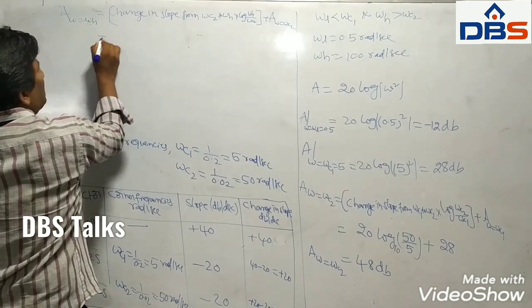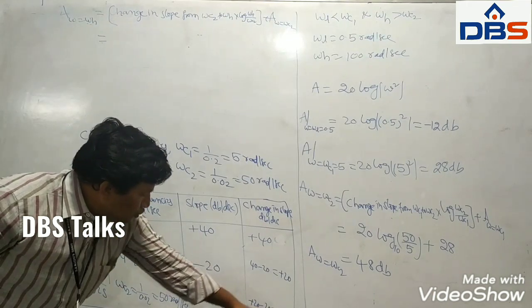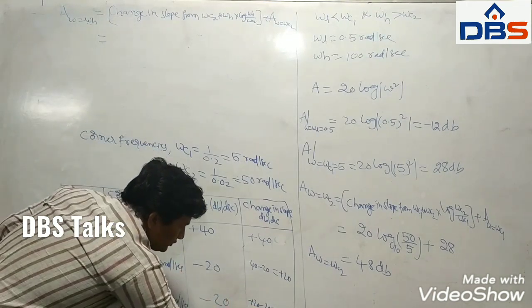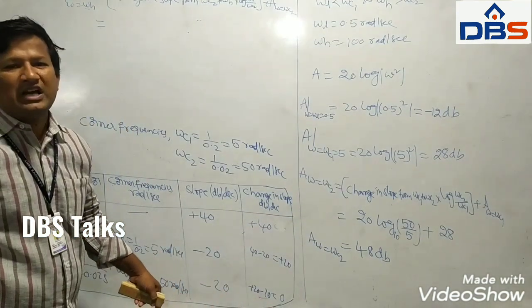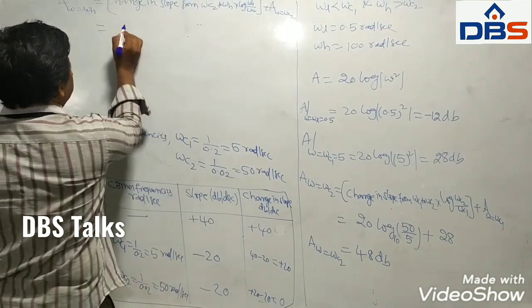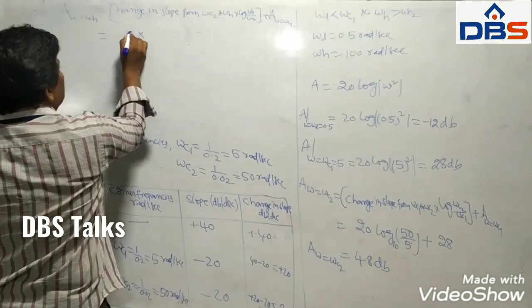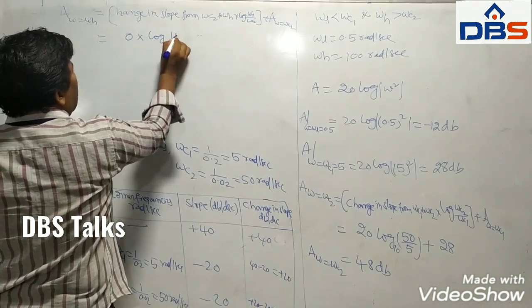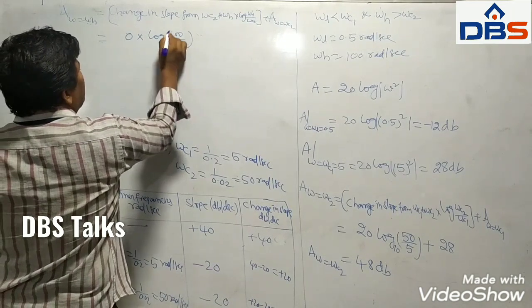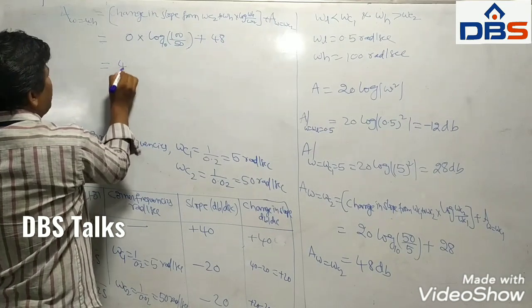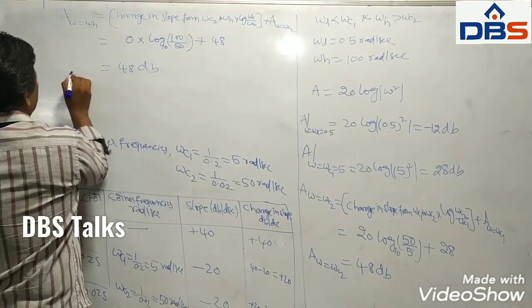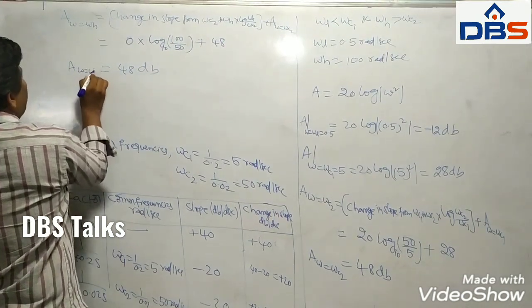Now what is the slope from omega c2 to omega h? This is 0. So 0 dB is going to the higher frequency, that is, the change in slope is 0. 0 multiplied by log omega h 100 by 50 base 10, plus 48 dB. So there is nothing but 48 dB at omega equal to omega h.